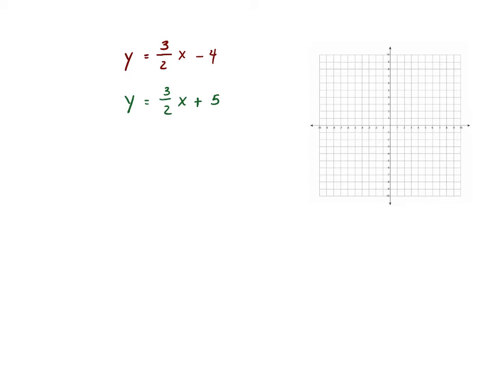Here I've got another pair of equations. Again, these are in slope-intercept form, so we just have to mark the y-intercept for the red one, negative 4. Count its slope. Remember, slope is up 3 over 2, right there: up 1, 2, 3, and then over 2.